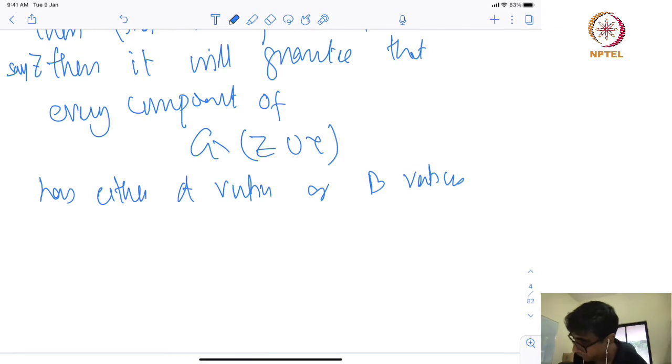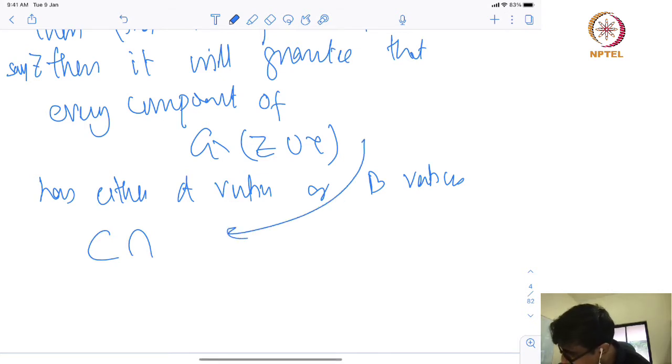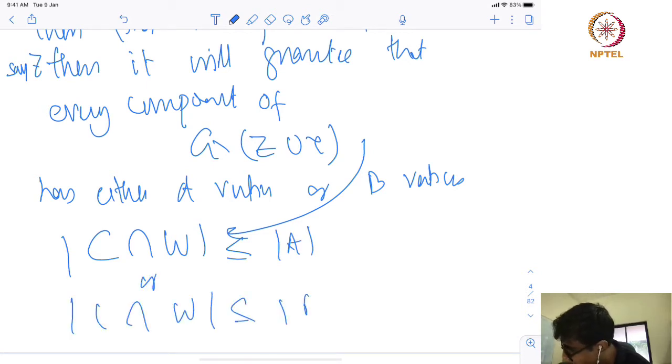And what is the property? So that implies that any component C here, C intersection W is upper bounded by either A, or C intersection W is upper bounded by B, which is 2/3 of W, and it is at most 2/3 of W.